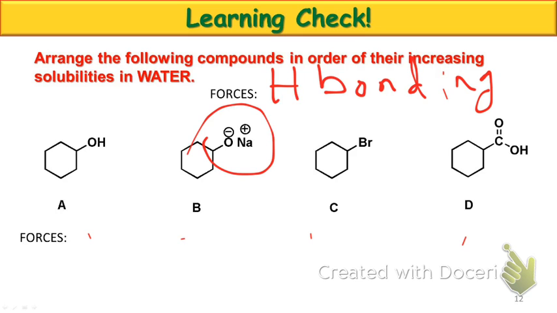So if you see an ionic compound, 9 times out of 10, it's probably more than that, probably 99% of the time, it is water soluble. Okay? The ability of water to hydrogen bond, you generate a whole bunch of hydrogen bonding interactions with those ions, making the ions very, very, very soluble. Okay? So if you see an ionic bond, almost always it's water soluble.